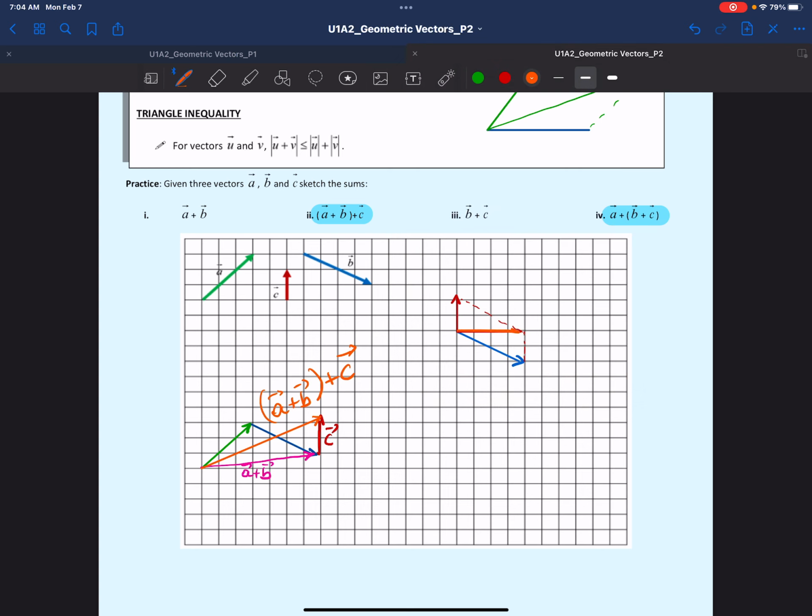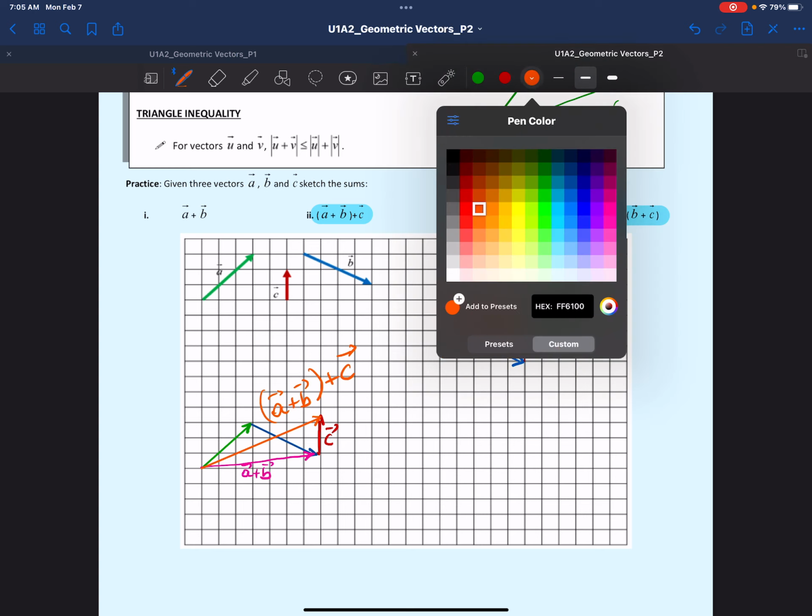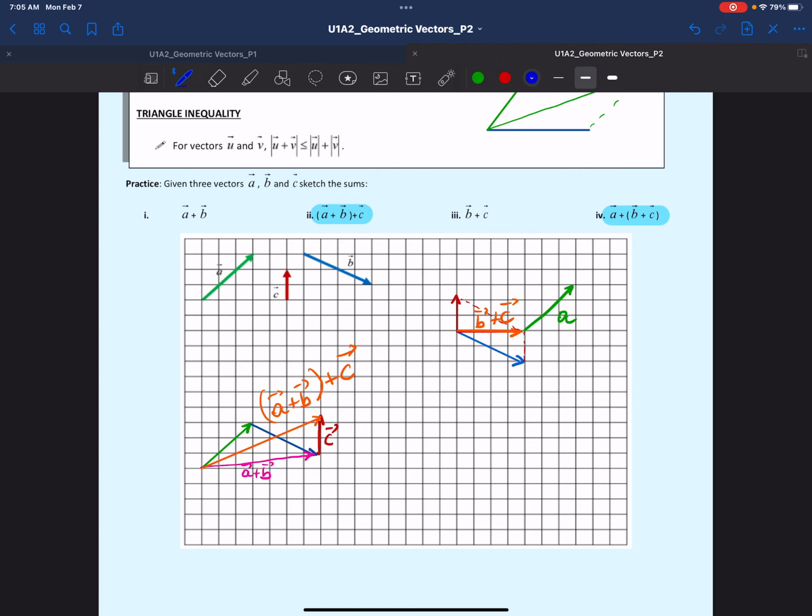Now on vector b plus c, I'm going to add vector a. Vector a is this green vector. Let me drag it. And now I'm going to add vectors a and b plus c, using the parallelogram rule. Let's take a look at what we get. So this will be the vector b plus c plus a.